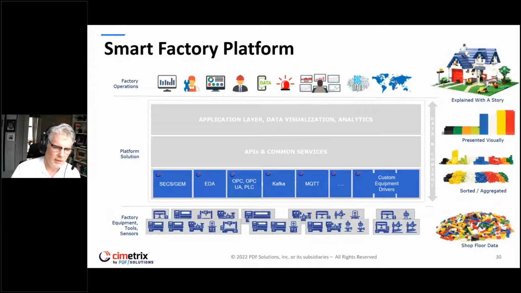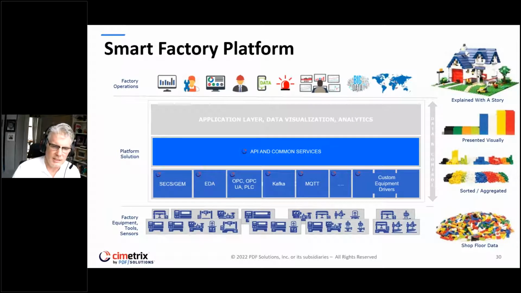So Alan mentioned a couple of protocols, GEM and EDA. Sapience includes support for other protocols as well, OPC, MQTT, Kafka, and some others. But the idea here is you need a microservice at the base layer of the architecture to terminate that protocol and then turn it into something that is easy to consume for the upstream apps.